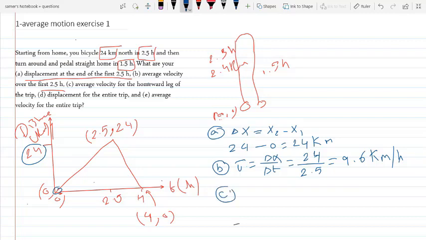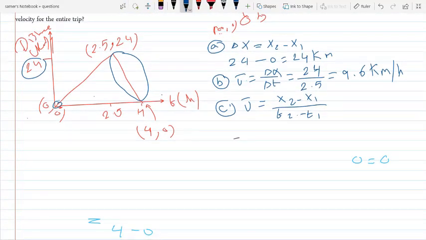C, we need to find the average velocity for the homeward leg of the trip. The average velocity is (x2 minus x1) over (t2 minus t1).